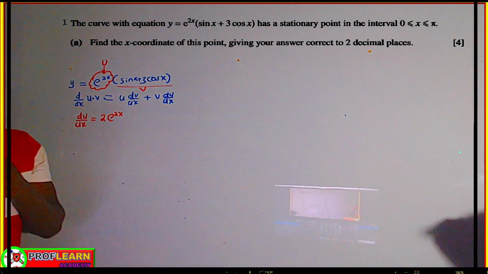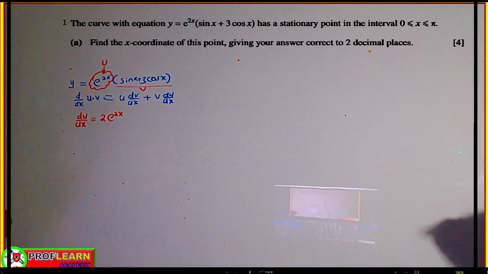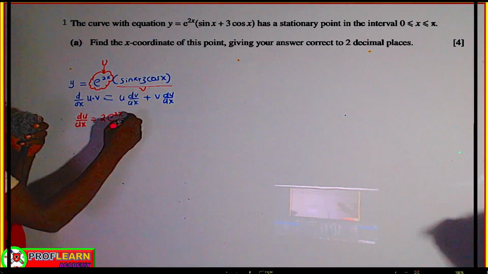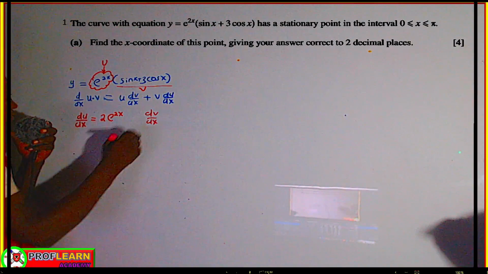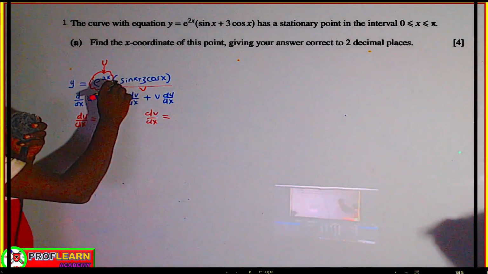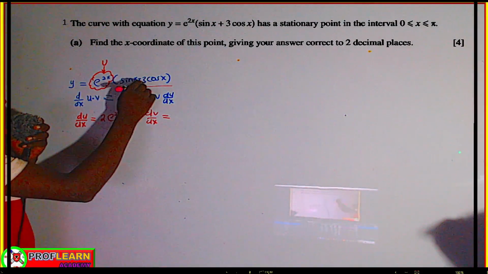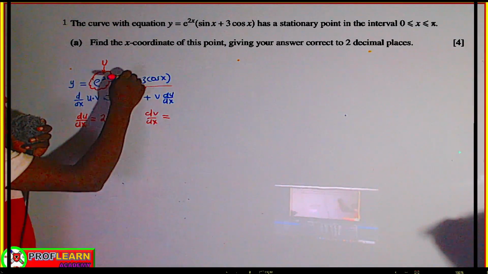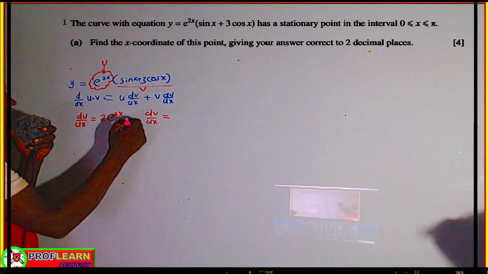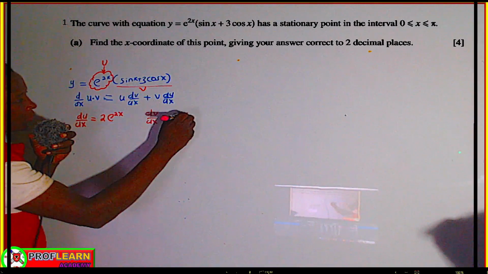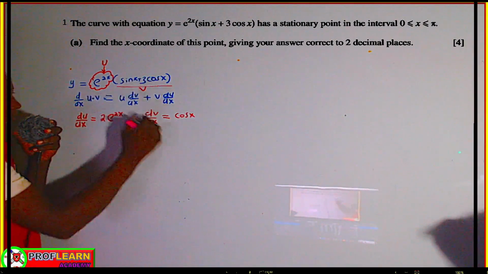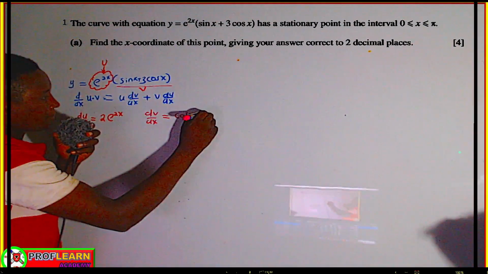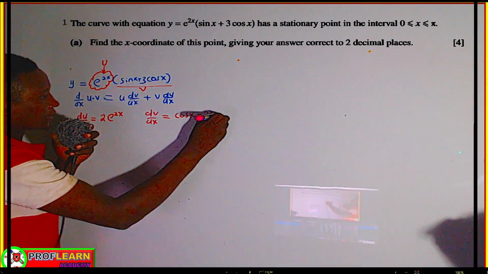Then we differentiate v. So dv/dx is going to be equal to what? We have two functions, sin x and 3 cos x. Differentiating the first gives cos x, and differentiating cos gives a negative sign, so this is minus 3 sin x.